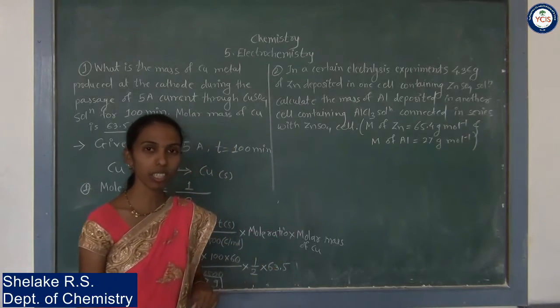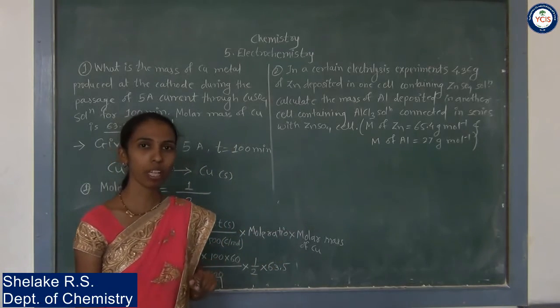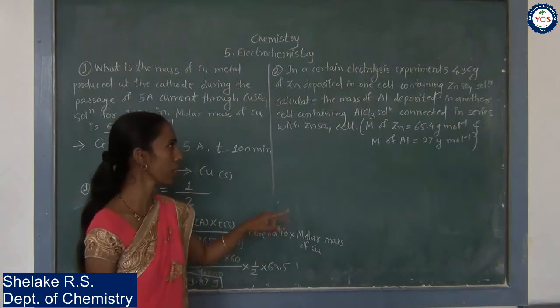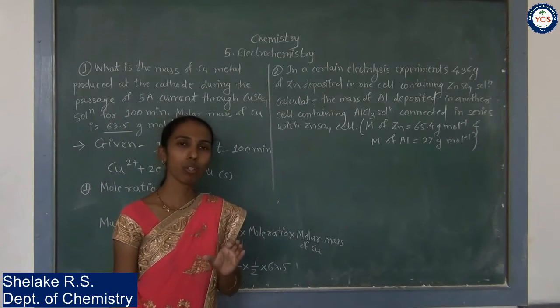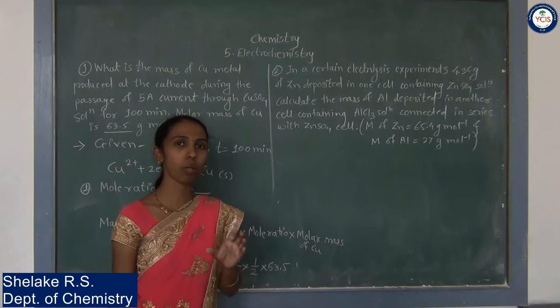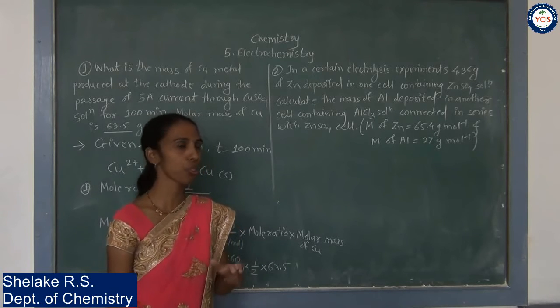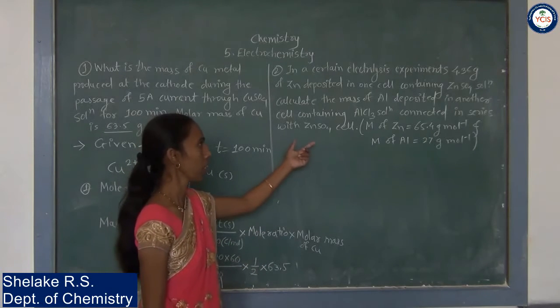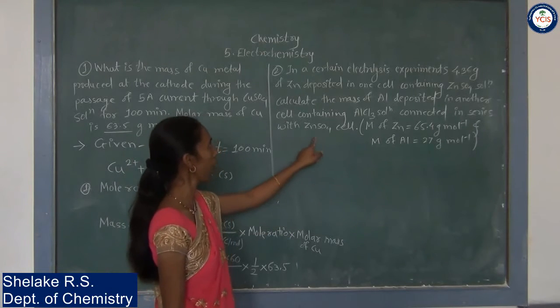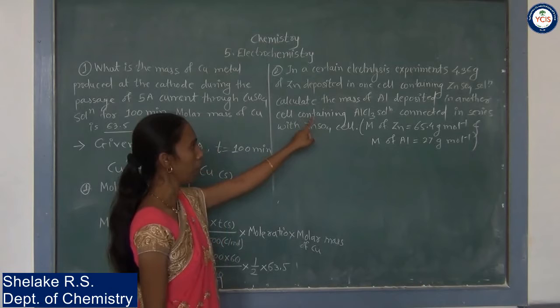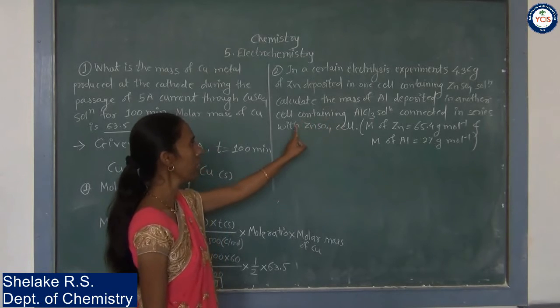Now when we studied the quantitative aspects of electrolysis, in the second part we studied that when two cells are connected in series, the amount of charge passed through the solution will be the same. Then we derived one formula. So using that formula we have to find the mass of aluminium deposited in the other cell.